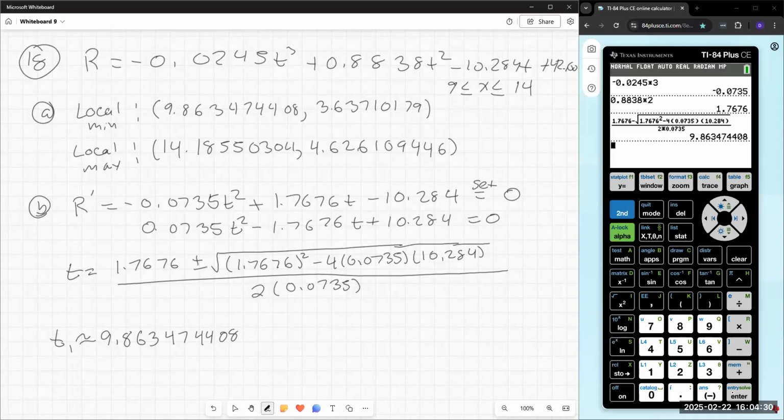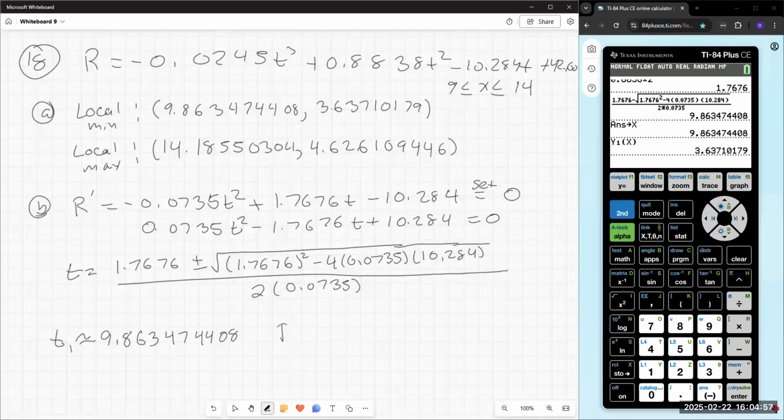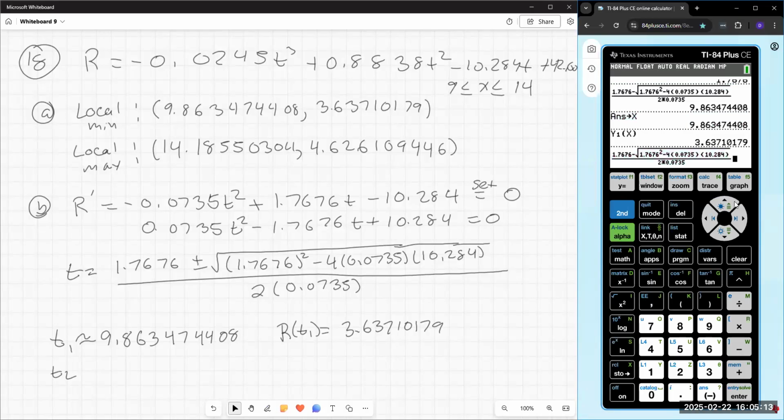And if I stick that into my original function, the same way that I did with my calculator, let's call that x for a second, then Vars, Y-Vars, function y1 at x is going to be 3.63710179.